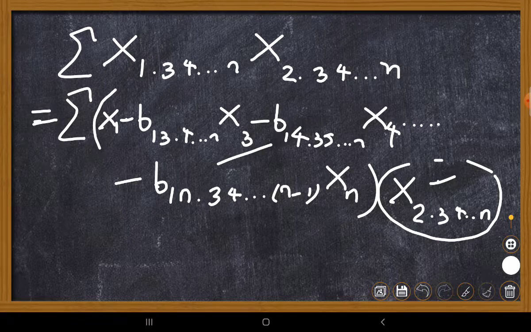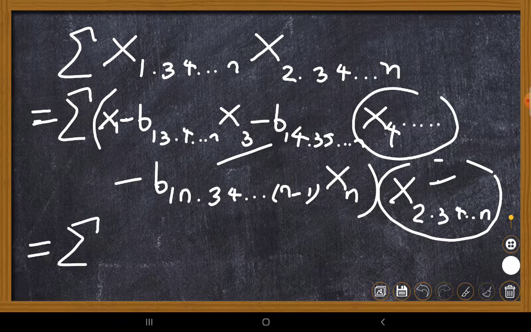If you multiply this with this, 4 is in the secondary subscript, so it'll vanish, and so on. So every term will be 0 except the first term, and you'll eventually be left with only summation x1 into x2.34 up to n, using property number 1.